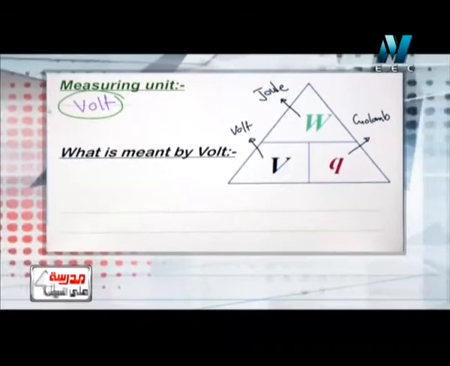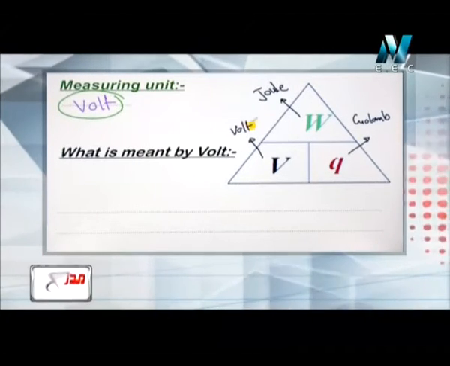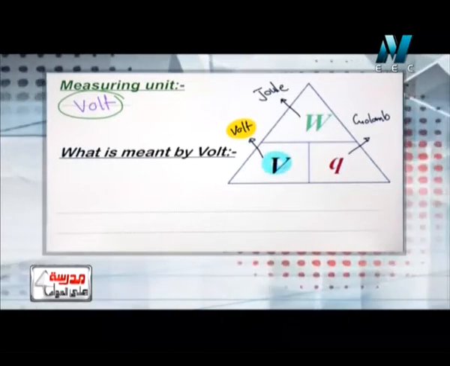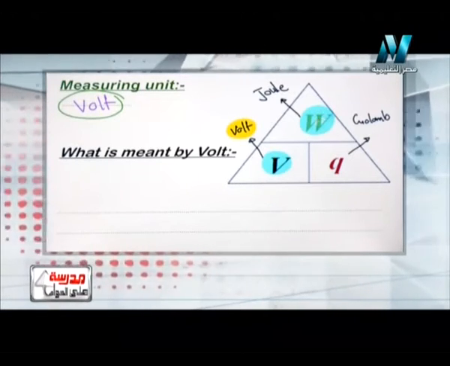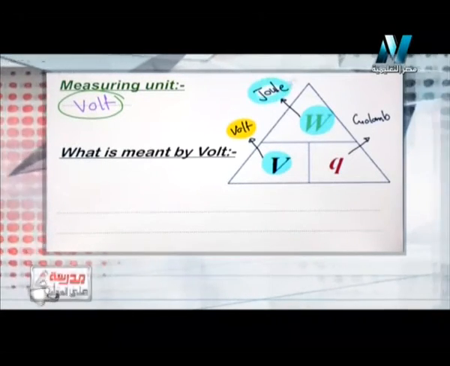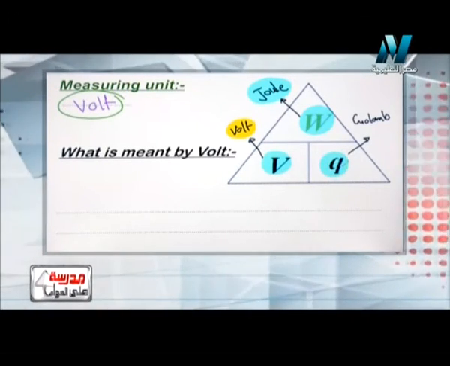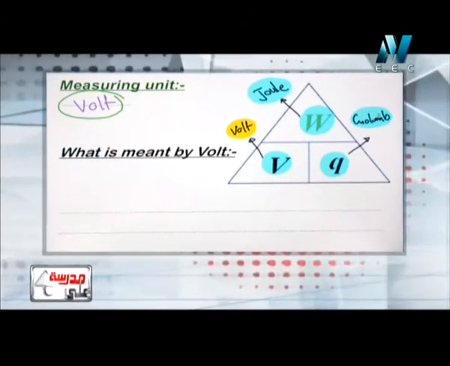Again, I get it from the triangle. If they ask what is meant by volt, I say it is a potential difference when work done equals 1 joule and quantity of charge equals 1 coulomb. Let's say it again.